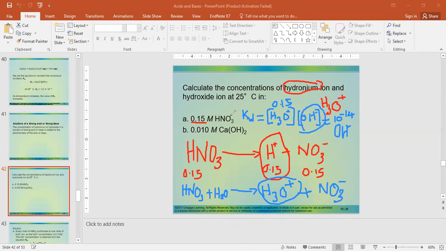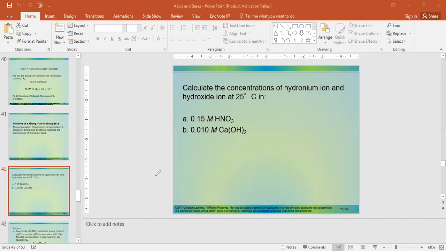So for every question here, you can get both the concentration of the hydronium ion and the concentration of the hydroxyl ion. For example, here we are saying that the concentration of the hydronium ion, as I have explained, is equal to 0.15 molar.